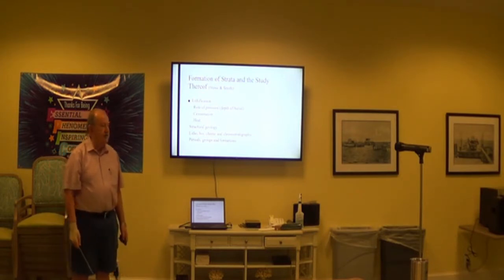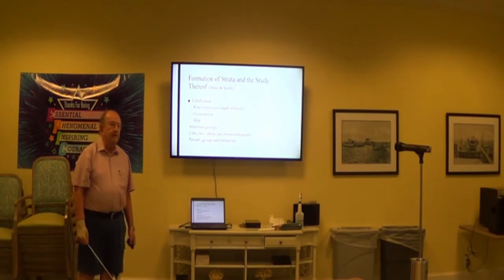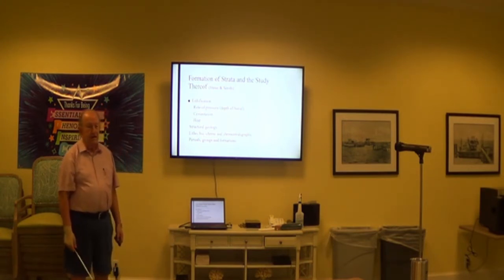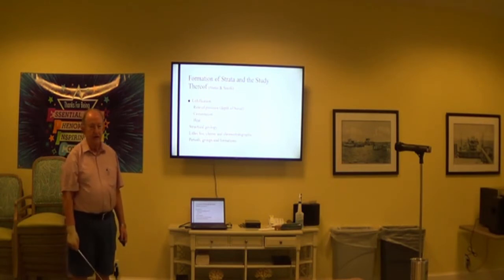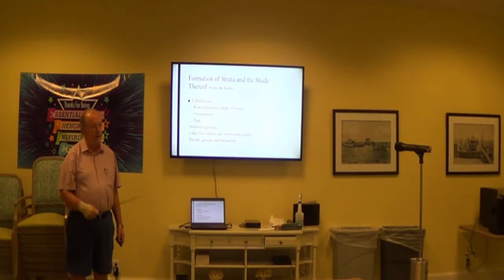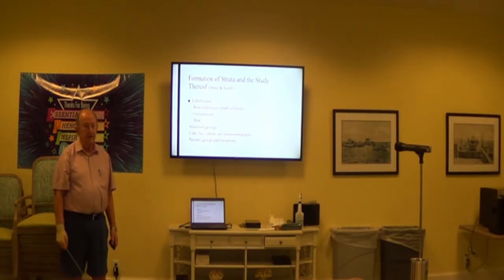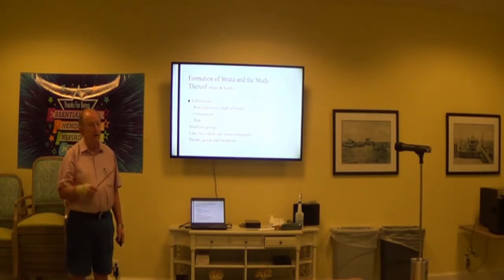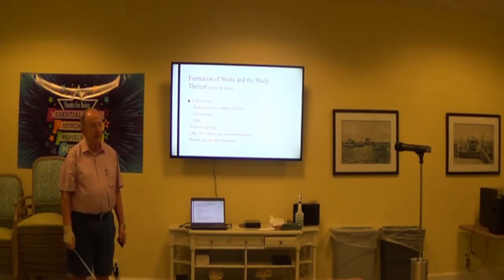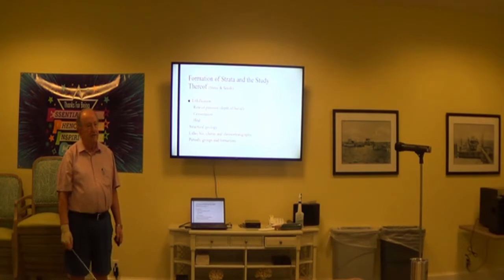I was actually watching a show last night about the death of the dinosaurs, the end of the period where dinosaurs ruled the earth, and it talked about the fact that this huge meteorite hit just along the north edge of the Yucatan Peninsula and created this tremendous cloud that went all the way around the earth and changed the climate and everything else and caused the death of the dinosaurs.